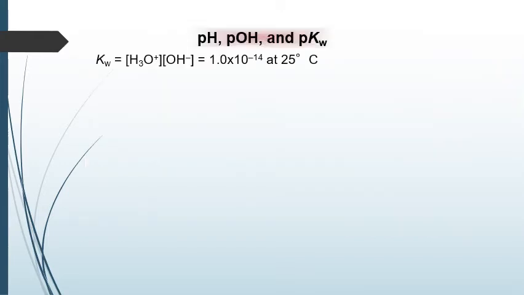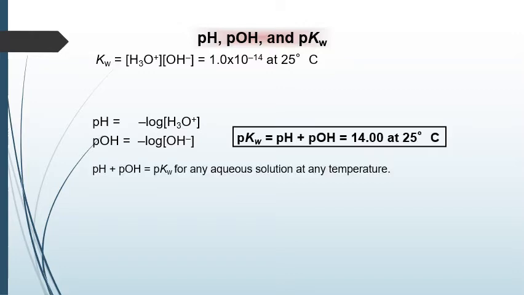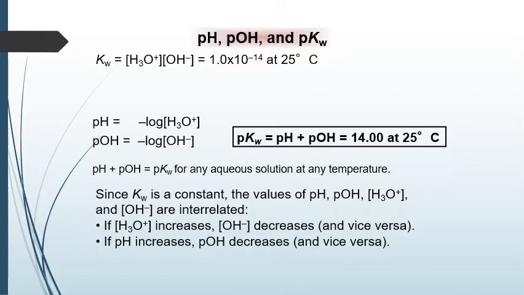So here's where we can now start to look at our relationship between pH, pOH, and the pKw. We had our equation for the autoionization of water, Kw equals H3O plus times OH minus equals 1 times 10 to the negative 14th. To make it a little bit easier on ourselves, we can use our properties of logarithms. If I took the negative log of the entire equation, Kw equals the H3O plus times the OH minus, you'll remember with your properties of logs that when you do your logs, you add them together.